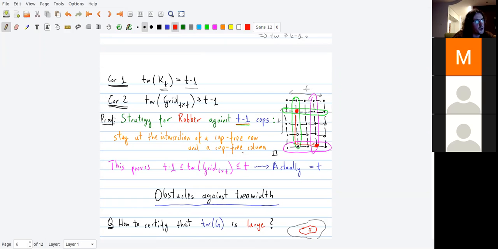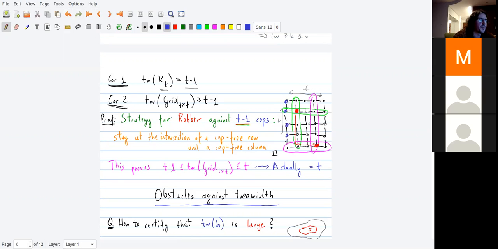You can give a strategy for the cops for, no, sorry, for t plus 1 cops. This is the strategy that gives you a tree decomposition.